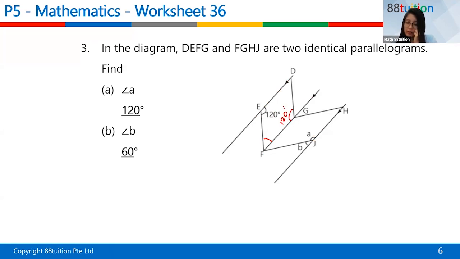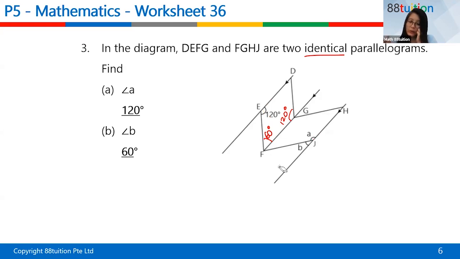This is 120, this is 60. This one is an identical one though. If this is identical, then this is the obtuse angle and this is the interior angle. This is obtuse, this is acute, right? Because it's identical, obviously A is just 120, no?